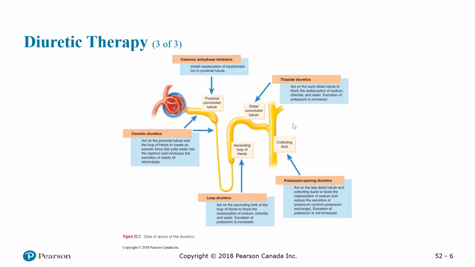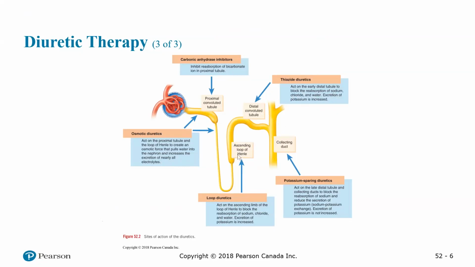And then we have the distal convoluted tubule. This acts as an early distal tubule, blocks the reabsorption of sodium and chloride and water, and the excretion of potassium is increased. So even more potassium is excreted here. Sorry, this is the loop diuretic, the Lasix.